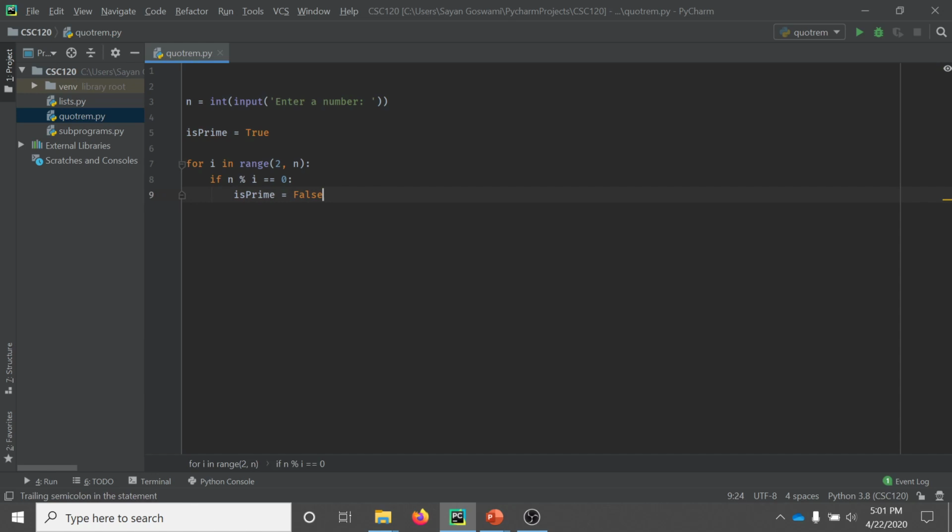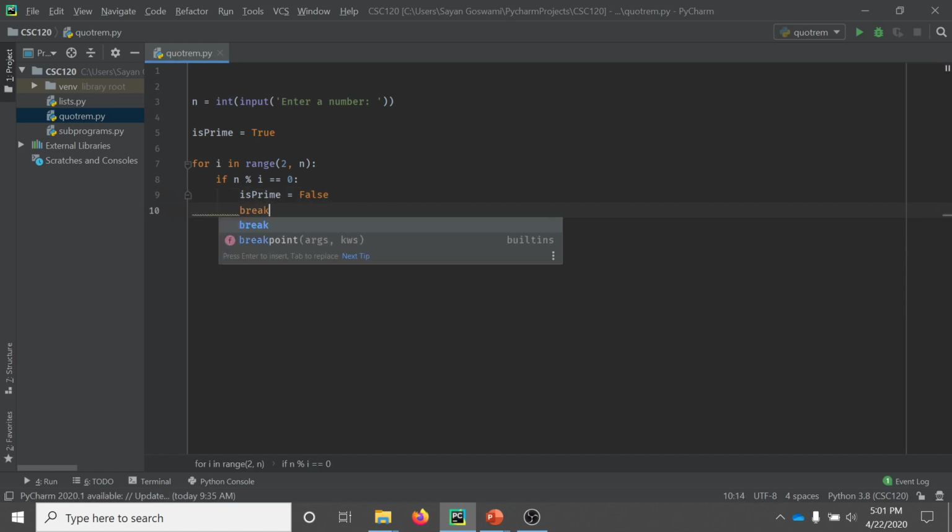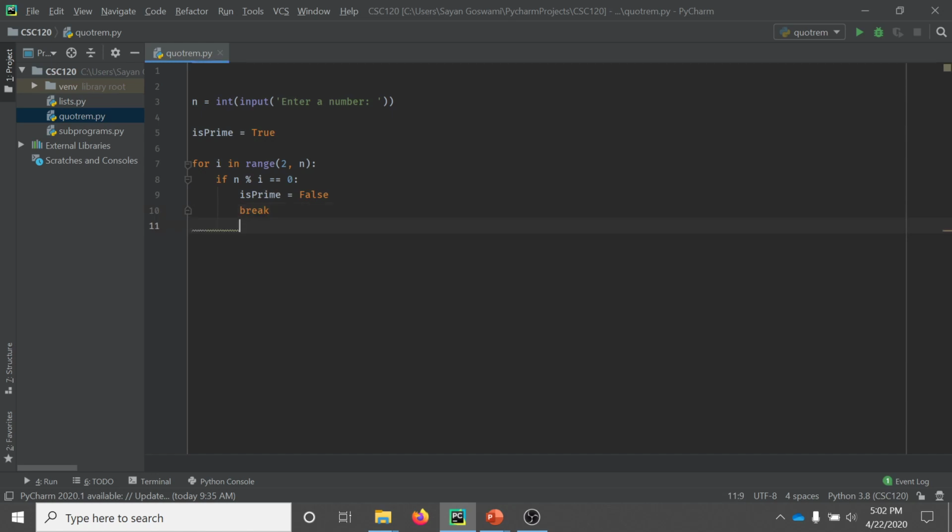So we break out of the loop, and that's that. If on the other hand, the number is, no, at this point we break out of the loop. That's fine. That's enough. That's what we do.